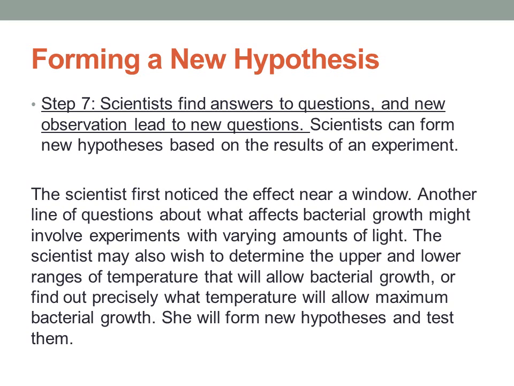Another line of questions about what affects bacteria growth might involve experiments with varying amounts of light. The scientists may also wish to determine the upper and lower ranges of temperature that will allow bacterial growth, or find out precisely what temperature will allow maximum bacterial growth. She will form new hypotheses and test them. So now, instead of just thinking about the temperature, she's also going to think about the light and make a test for that.